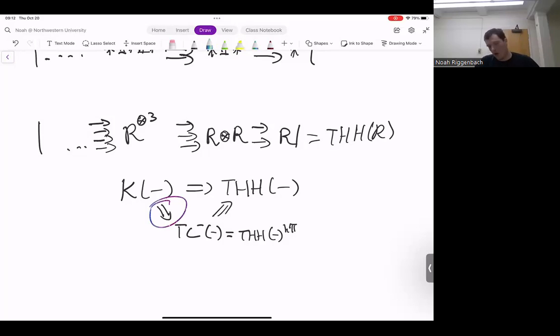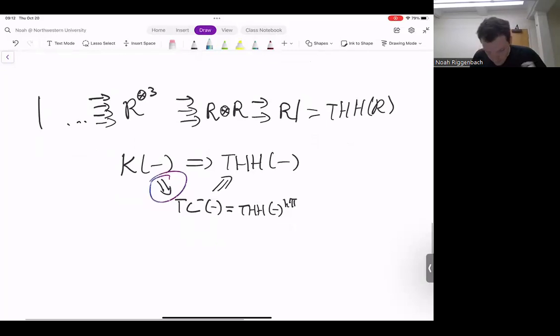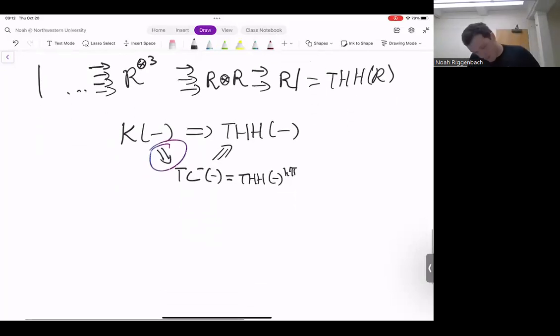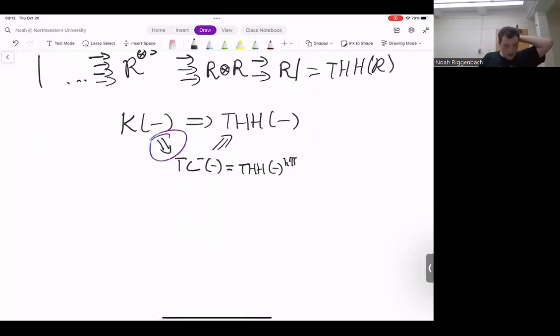Okay, and so I said that THH lands in spectra with an S1 action plus epsilon. Well, what's that epsilon? That epsilon are maps of the following form.